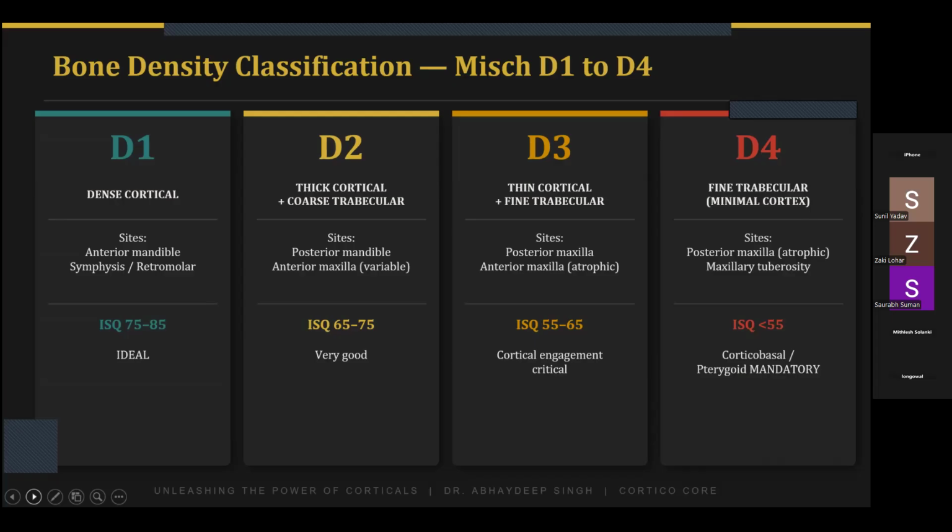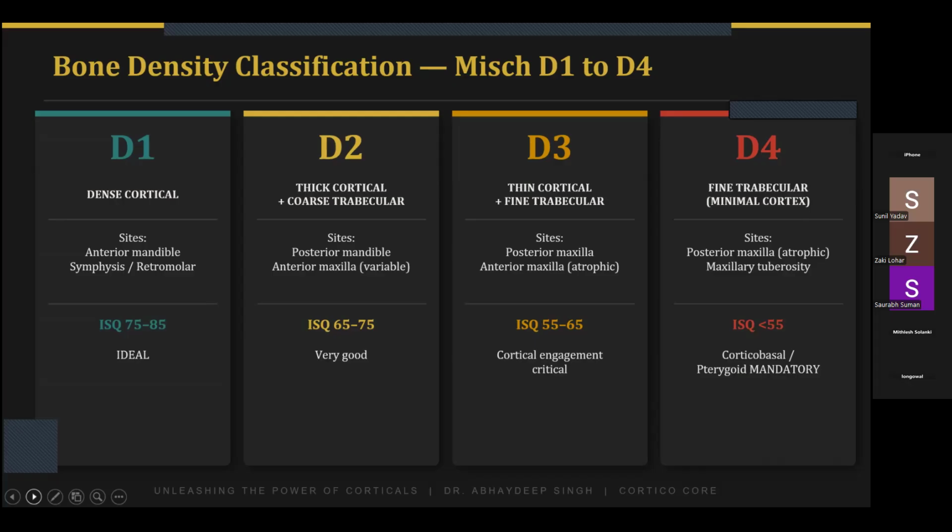Now imagine more spongy, more cancellous, more trabecular pattern and thin corticals, which is present in the posterior maxillary region. Sometimes the anterior maxilla is also very spongy. In some cases, there is resorption, there is osteoporosis, there is loss of alveolar bone. That area tends to get very thin corticals, very fine trabecular pattern, very spongy bone over there.